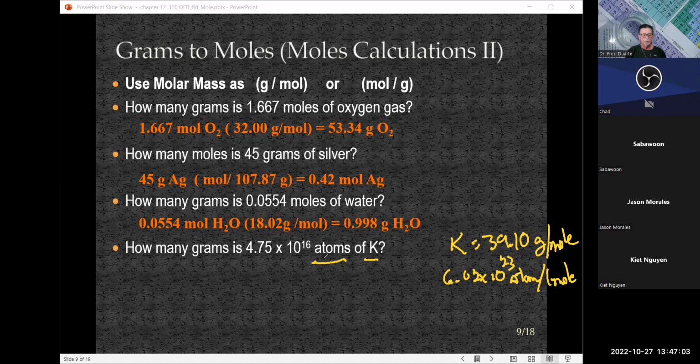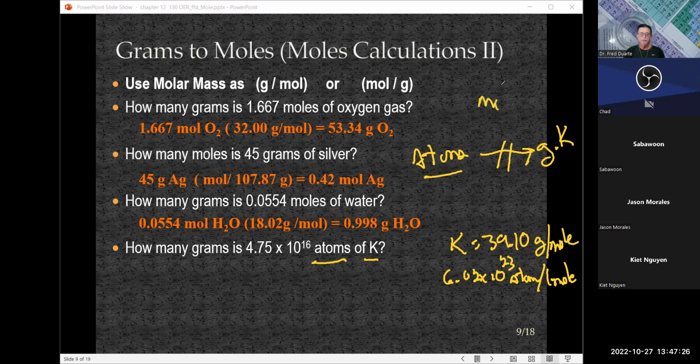We're starting with atoms, and we need to get to grams of potassium. Well, we cannot go directly from atoms to grams.